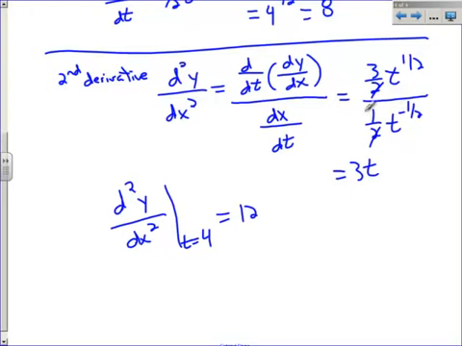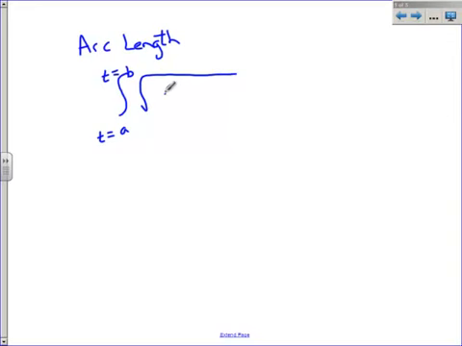All right, the last thing is going to be arc length. We've done this before, we just haven't done this parametrically. Your arc length formula is going to be the integral from a to b, and these are t values, by the way, t equals a to t equals b, of the square root of (dy/dt) squared plus (dx/dt) squared.